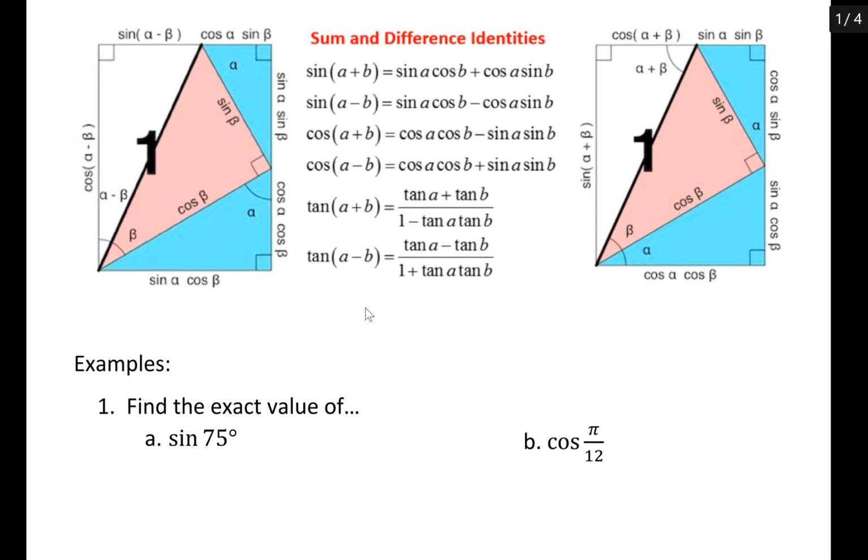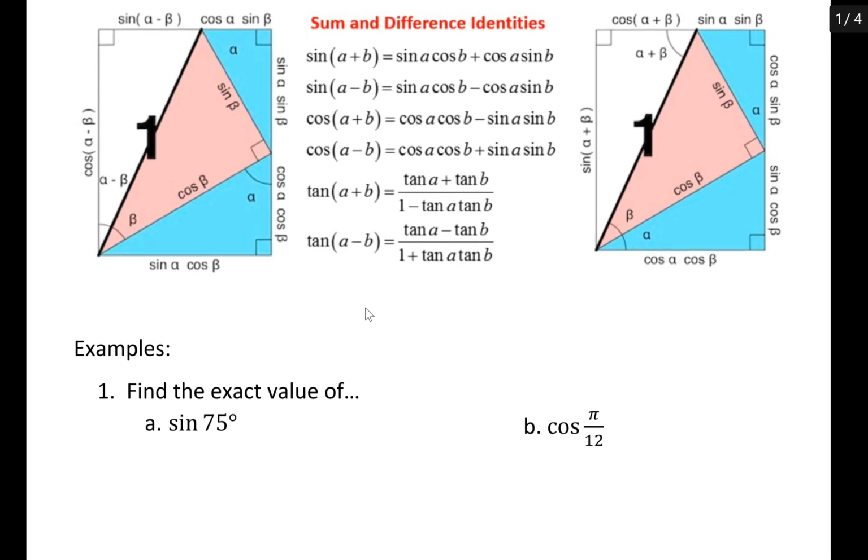So I kind of mentioned this on Friday, but we have the sine of 75 degrees. And you might look at that and say, oh, what do you mean I have to find that without using my calculator? I can't find that without using my calculator because it's not a unit circle value. But now that we have those formulas, we can do that. So what we want to think about is how could I break up 75 into two numbers that are unit circle values that I can then plug into the formula.